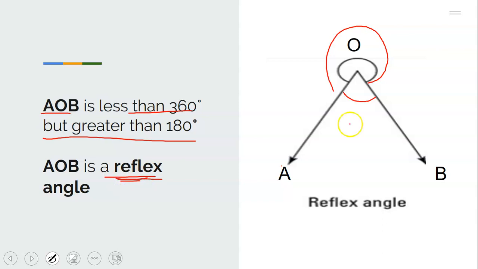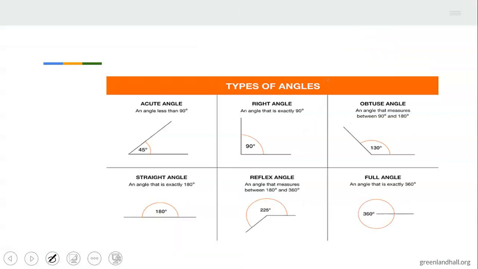When you consider the inside, it is an acute angle because it's less than 90. But when you consider the outside, that means the reflex of AOB is also AOB, but the outside part. In that case, that angle is more than 180, but not up to 360 degrees.